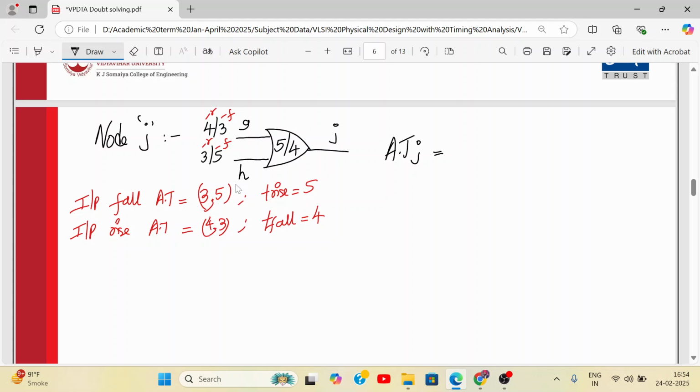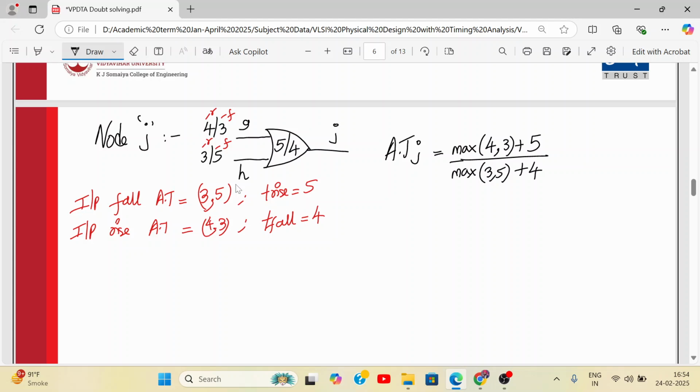It will be maximum of, output rise arrival time will be maximum of input rise arrival time, that is maximum of 4 comma 3, plus t rise, and output fall arrival time will be maximum of input fall arrival time, 3 comma 5, plus t fall, which is 4.